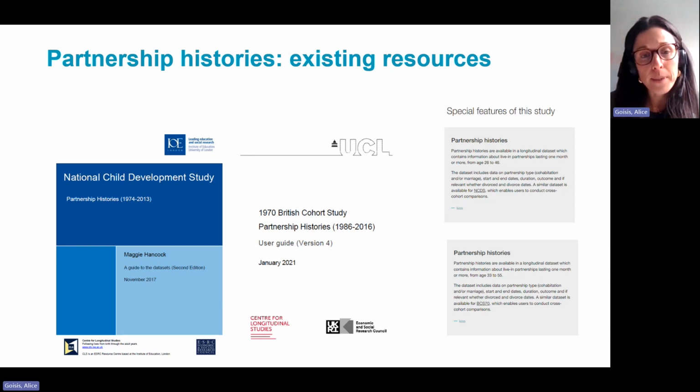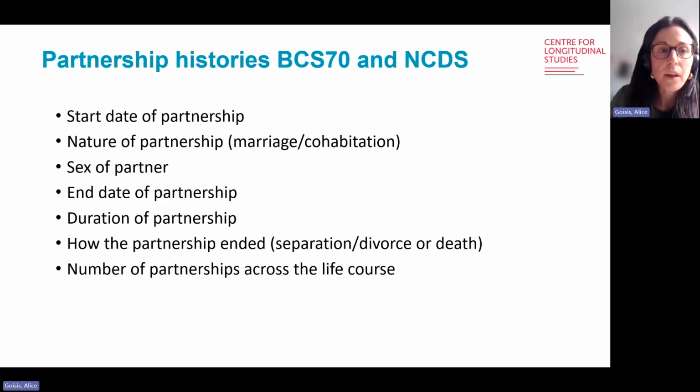And on our website, you will also find the user guides, which explain the variables that are included in these data sets and how they were derived, and a lot of other information about this data resource. For the 1958 cohort, we have partnership histories from the age of 33 to the age of 55. And for the 1970 cohort, we have information from the age of 26 to the age of 45.